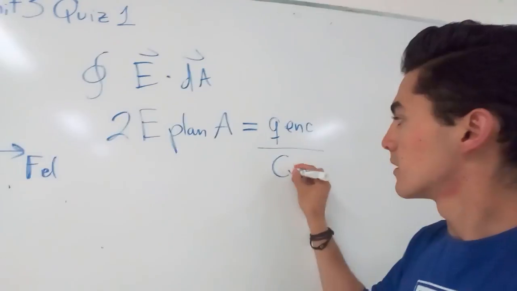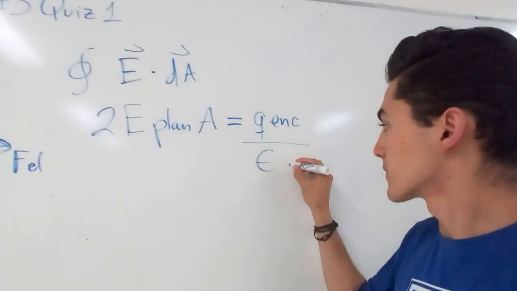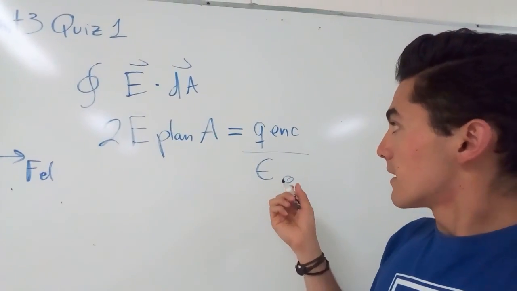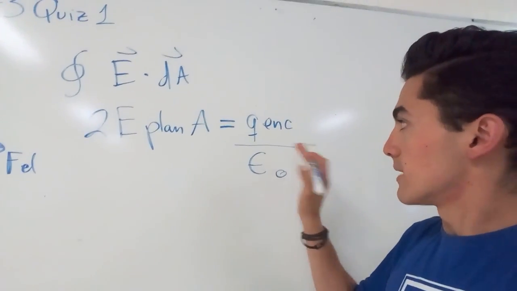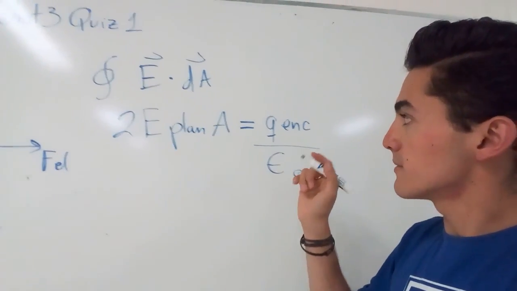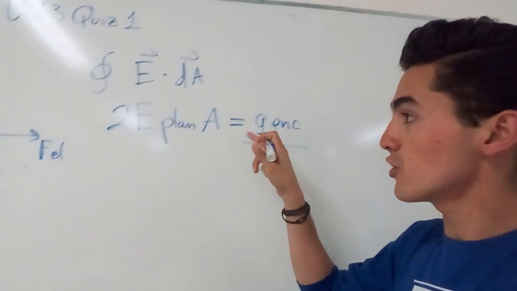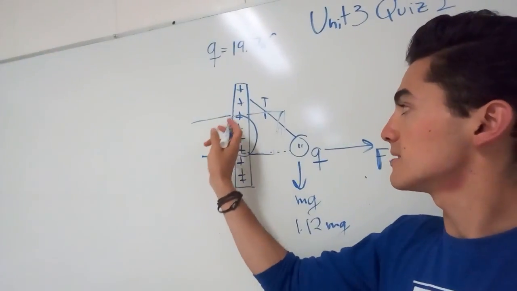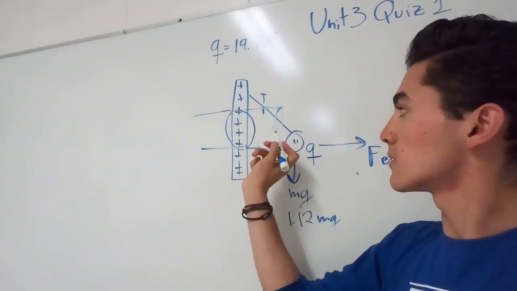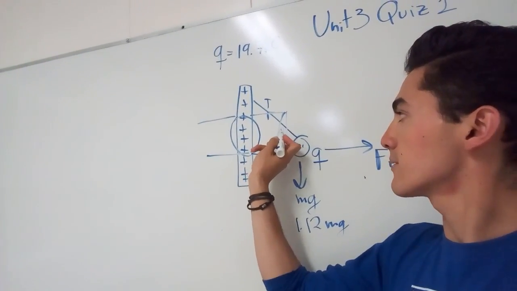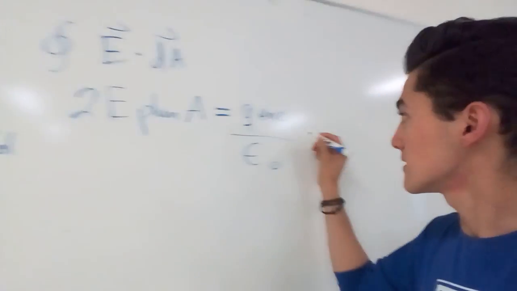over our constant times, as we can see here, our enclosed charge will be this part, but this part is equal to our area here times our density.